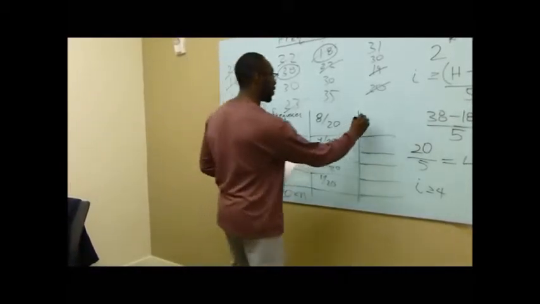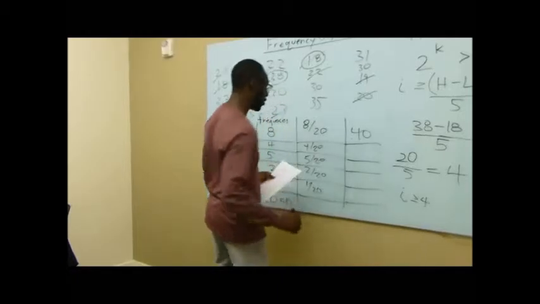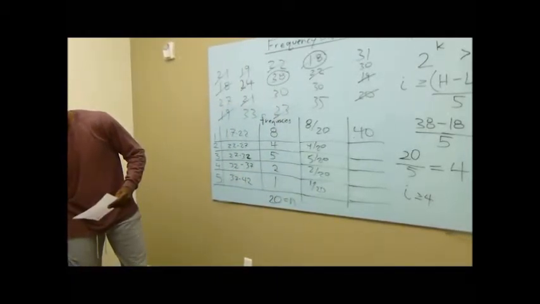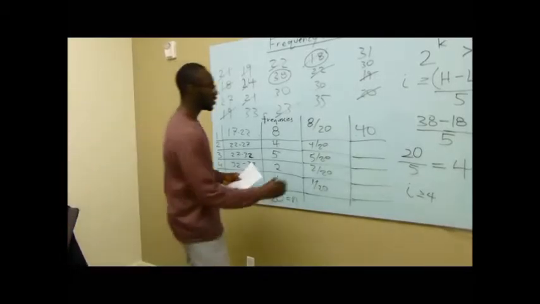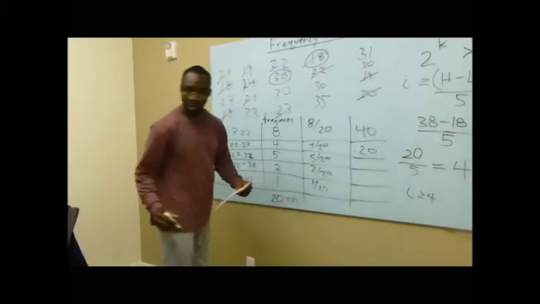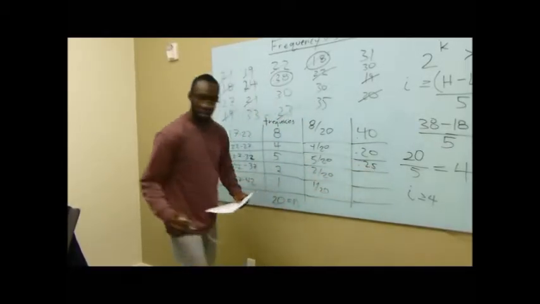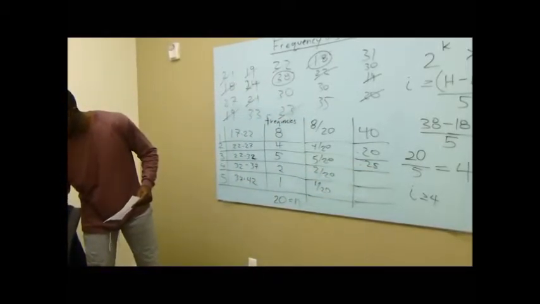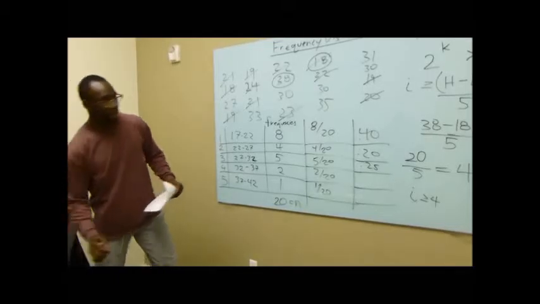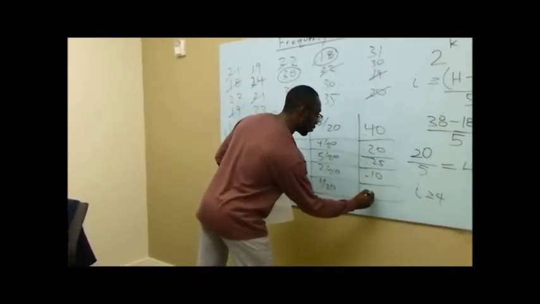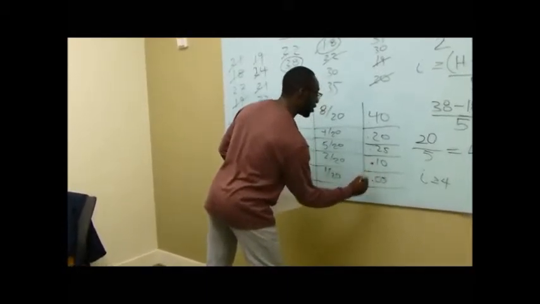8 divided by 20 is 0.40. 4 divided by 20 is 0.20. 5 divided by 20 is 0.25. 2 divided by 20 is 0.2. I'm sorry, 0.10. And 1 divided by 20 is 0.05.